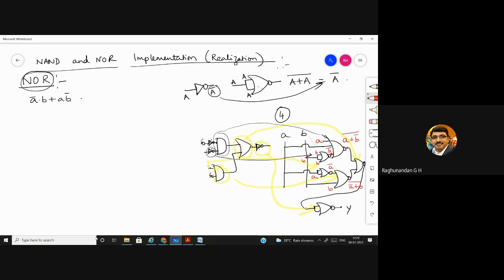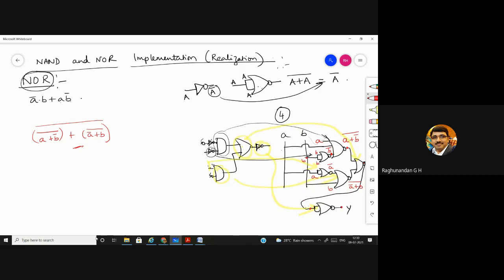Then what is the output after passing through this? Let me write A plus B bar whole bar plus A bar plus B whole bar. Again, we'll have one more bar. Then at this point, what you'll have? This is the output we are having, and this is the output at this point.